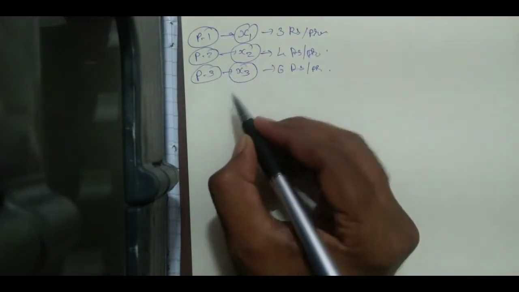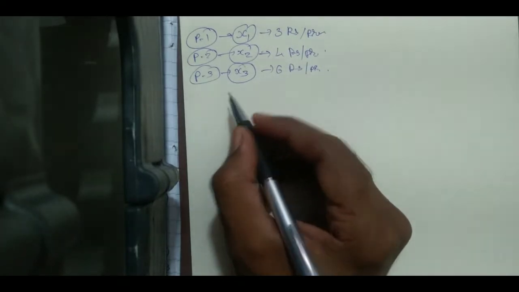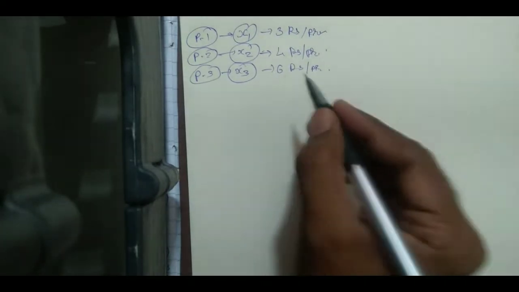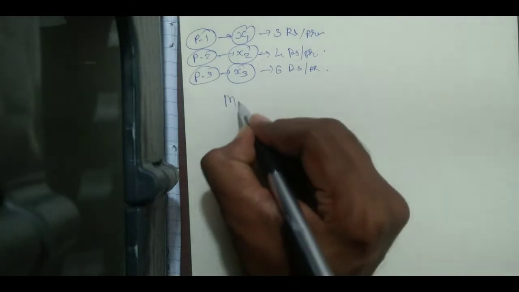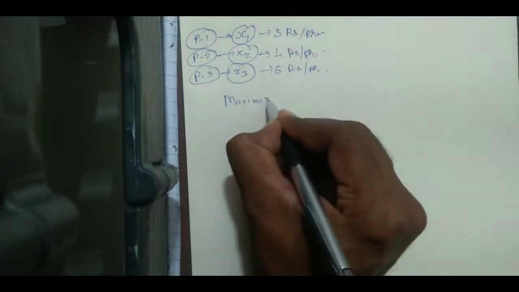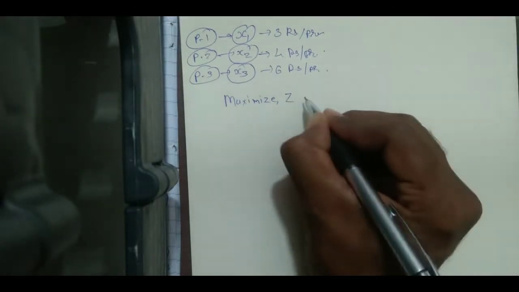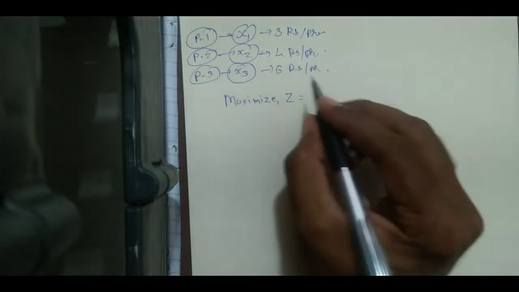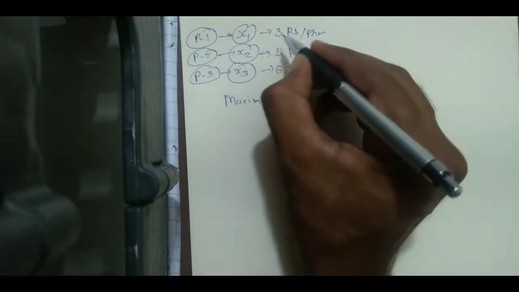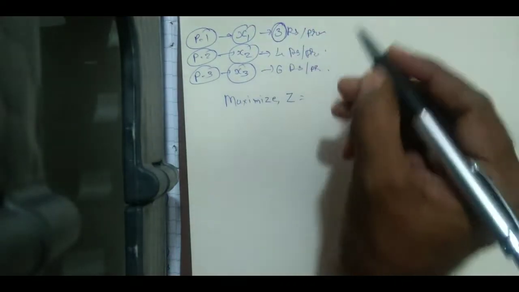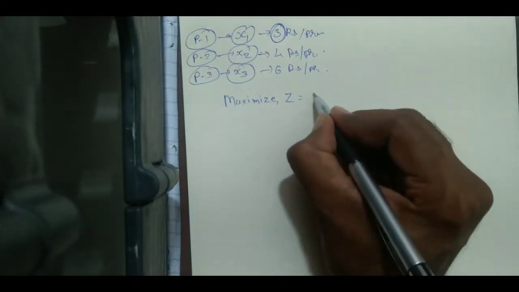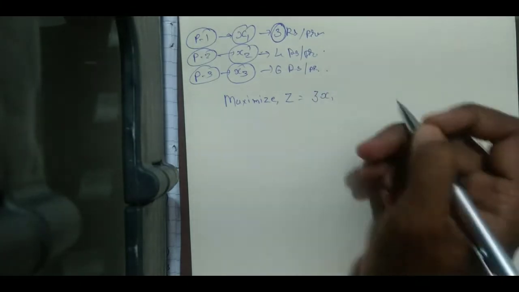Now we have to identify the objective function. Objective function means here we are going to maximize the profit, so it is a maximization problem. Maximize z equals, for product 1 we consider x1, and for one product it is 3 rupees, so 3x1 for product 1.